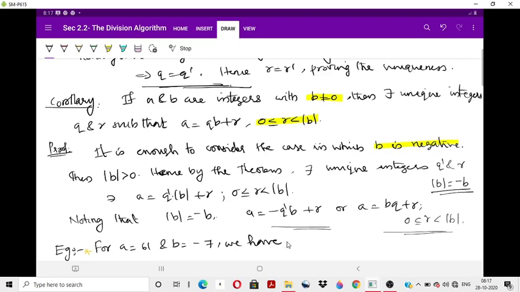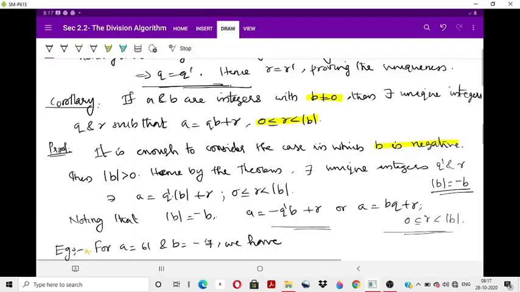And when we are doing the division, we have to consider that r is either 0 or positive, so 0 less than or equal to r less than 7. We know that 61 is not a multiple of 7, so r cannot be 0. So r will be strictly less than 7.